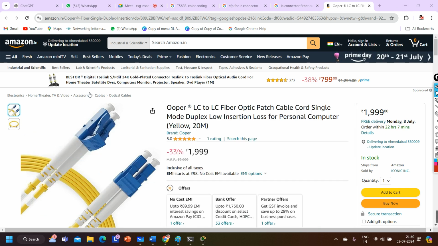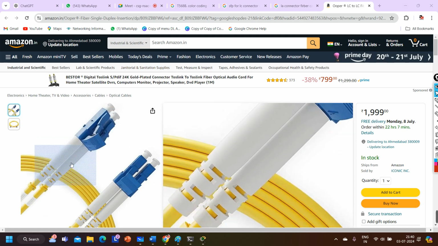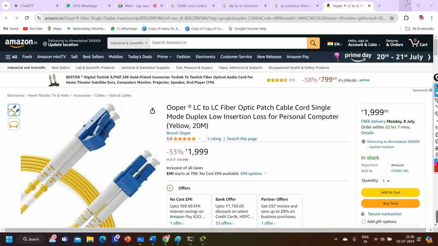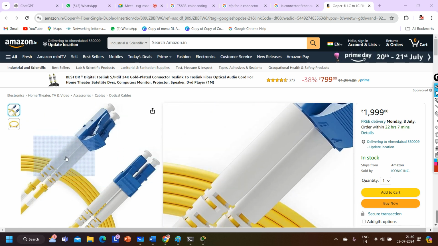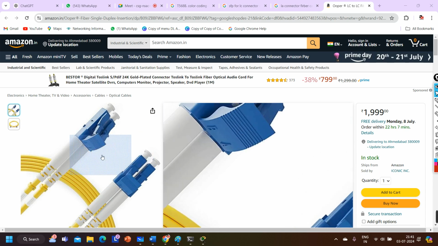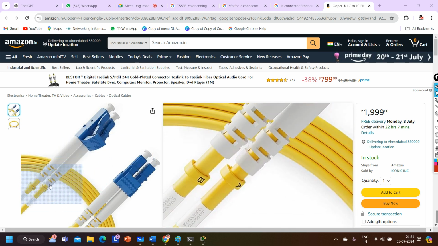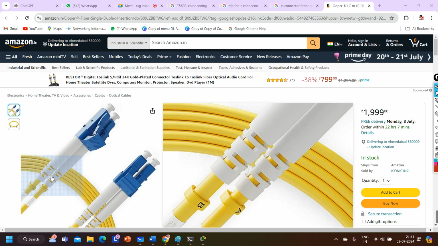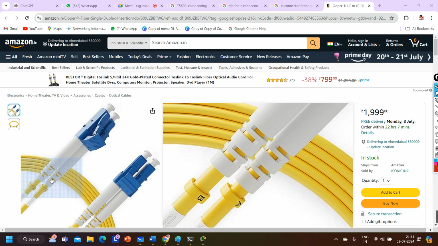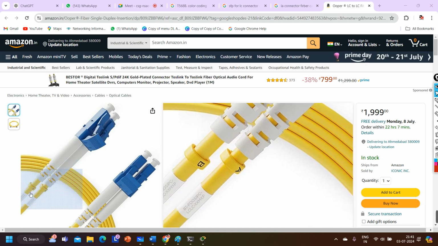Okay, in the fiber cable we will get lots of speed, good speed. Why? Because, guys, it works on total internal reflection. Does anyone know total internal reflection? It means your traffic is going to move with the speed of light, because your traffic is going to move in the form of light.